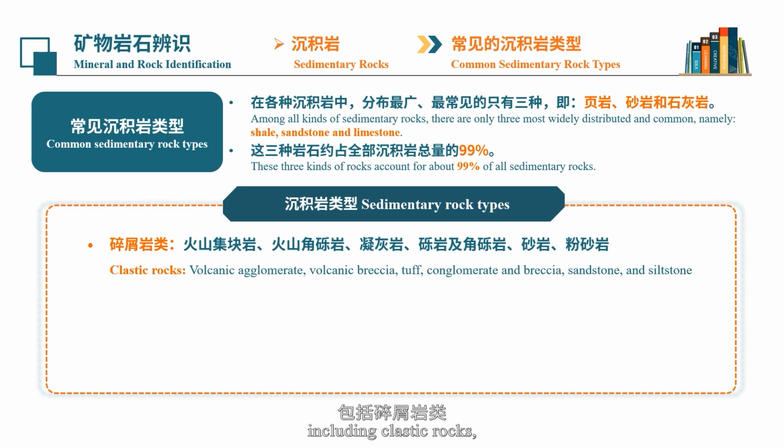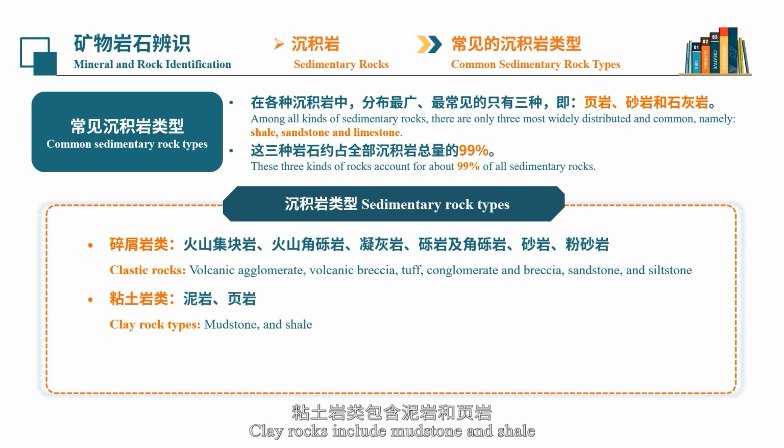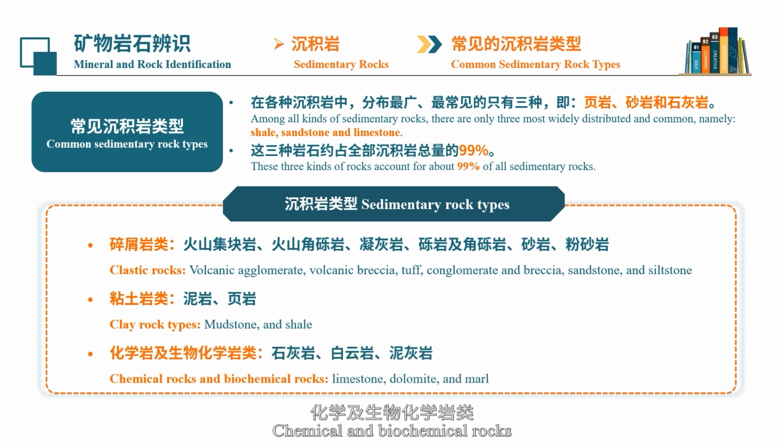Clastic rocks include volcanic agglomerate, volcanic breccia, tuff, conglomerate, breccia, sandstone, and siltstone. Clay rocks include mudstone and shale. Chemical and biochemical rocks include limestone, dolomite, and marl.